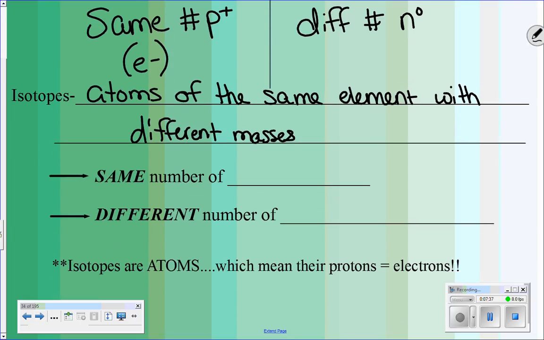The reason that they're the same element is they have the same number of protons. The reason they have different masses is that they have different numbers of neutrons. So remember, because these are atoms, that means their protons do equal their electrons. So it's a consequence of their numbers of protons being the same.